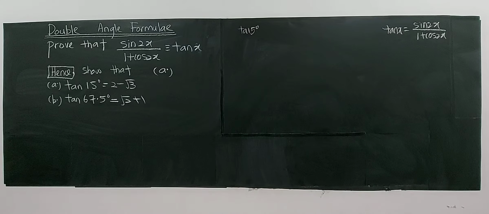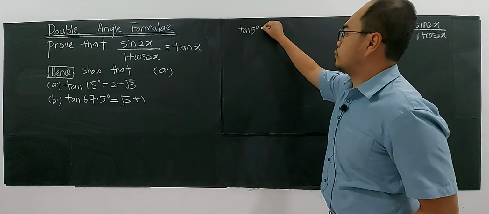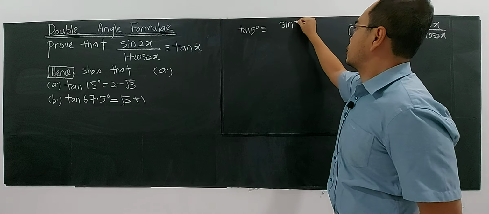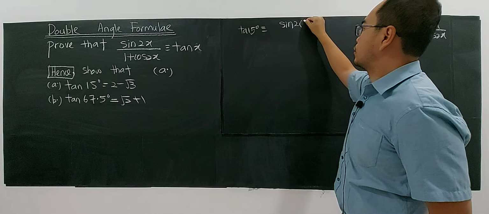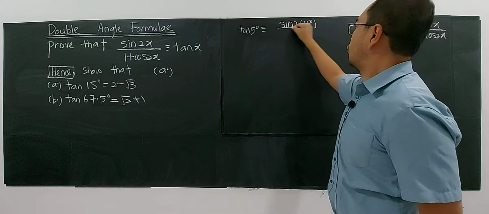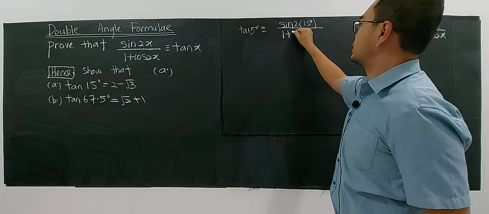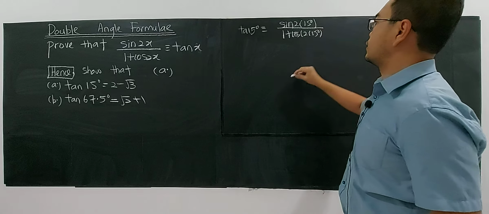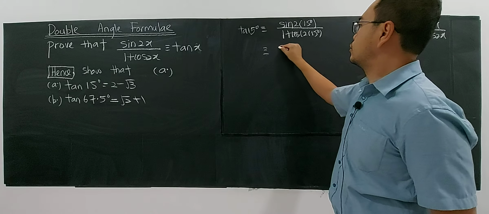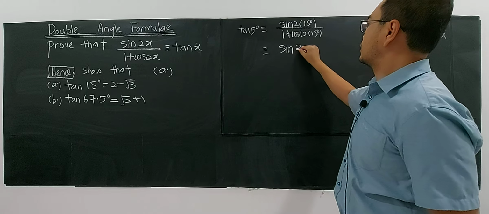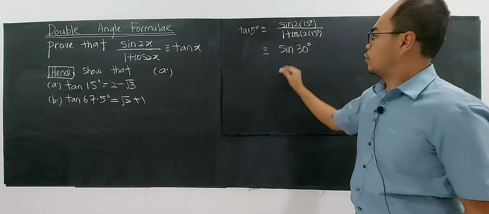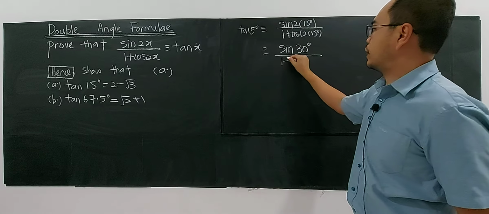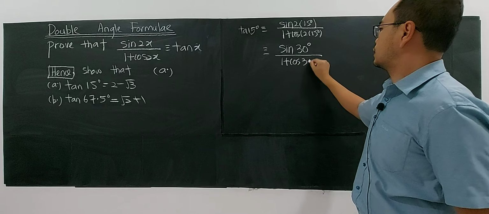So tangent 15 you can rewrite as sine 2 times 15 over 1 plus cos 2 times 15 degrees, which will give you sine 30 degrees over 1 plus cos 30 degrees.